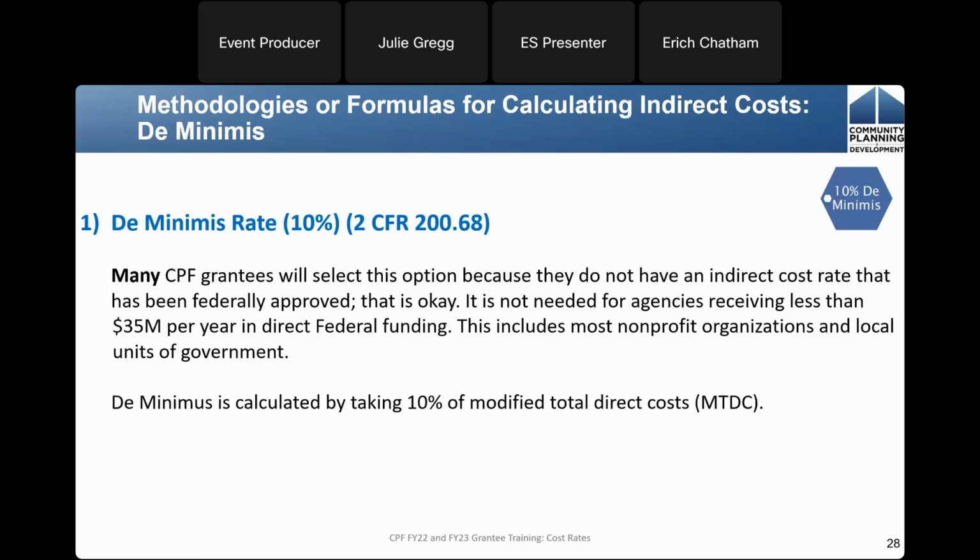So if you don't have 35 million in federal funds, which probably is most of us on the call, then you're allowed to use this de minimis rate and don't necessarily have to have the approved federal rate. So the de minimis rate is calculated by taking 10% of modified total direct cost, MTDC. So of course, the next logical question is, what is modified total direct cost? Cover that on the next slide, please.